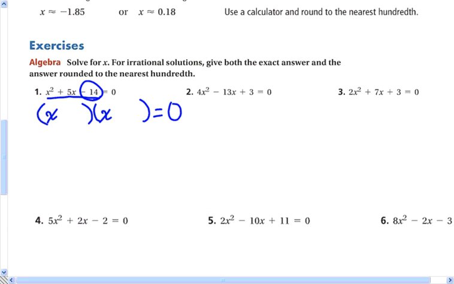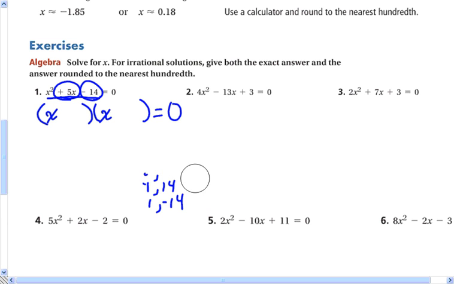We have some options: negative 2 and 7, positive 2 and negative 7, 1 and 14, negative 1 and 14, or 1 and negative 14. We want the combination that adds together to give us positive 5, and that would be this choice here, negative 2 and 7.